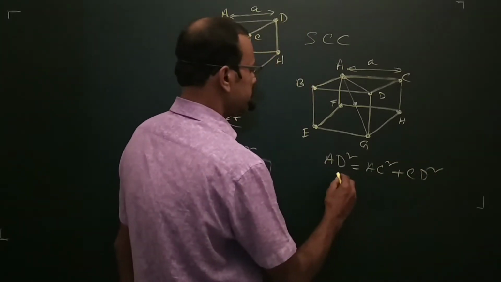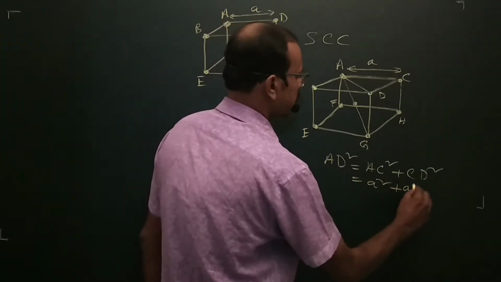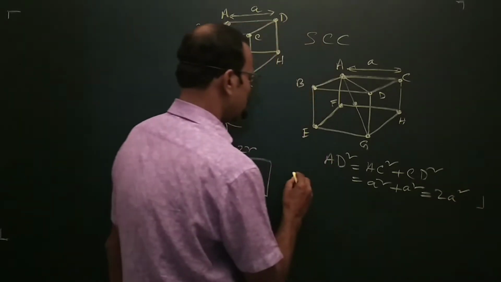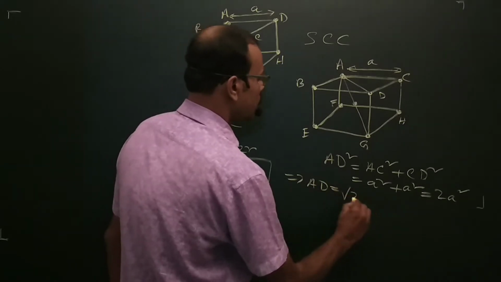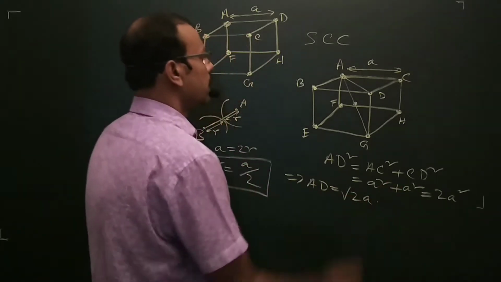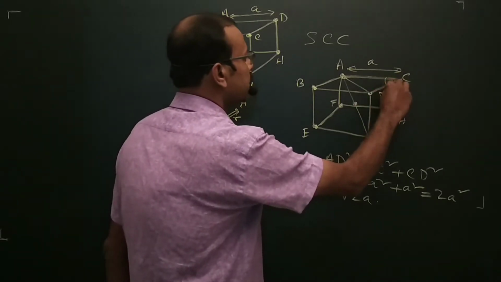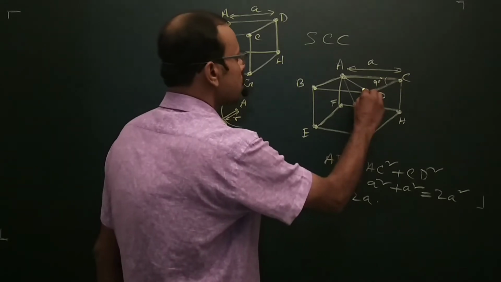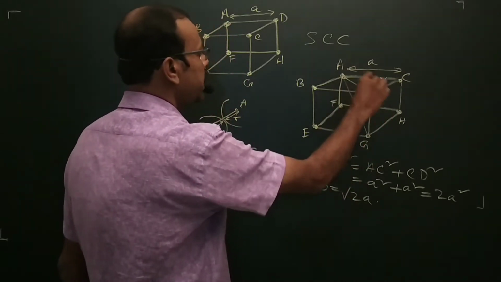It comes out to be a square plus a square, which equals 2a square, or AD equals root 2 a. Now this is a right angle triangle, this is 90 degrees, and triangle ADG is also a right angle triangle.